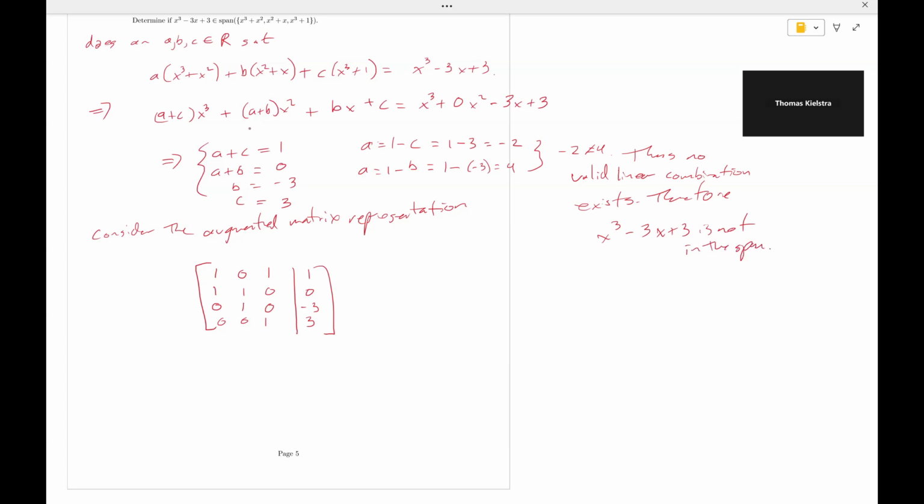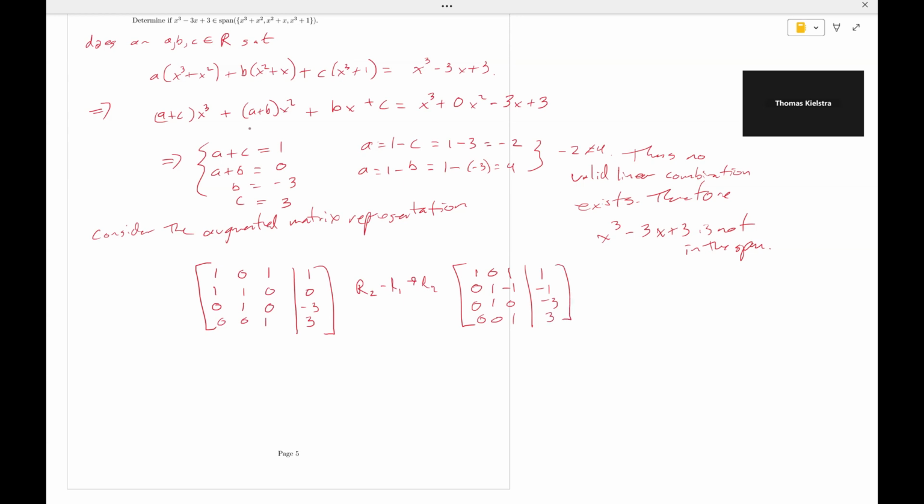Or we could do our row operations. R2 minus R1, replacing R2, gives 1, 0, 1, 1; 0, 1, minus 1, minus 1; 0, 1, 0, minus 3; 0, 0, 1, 3.